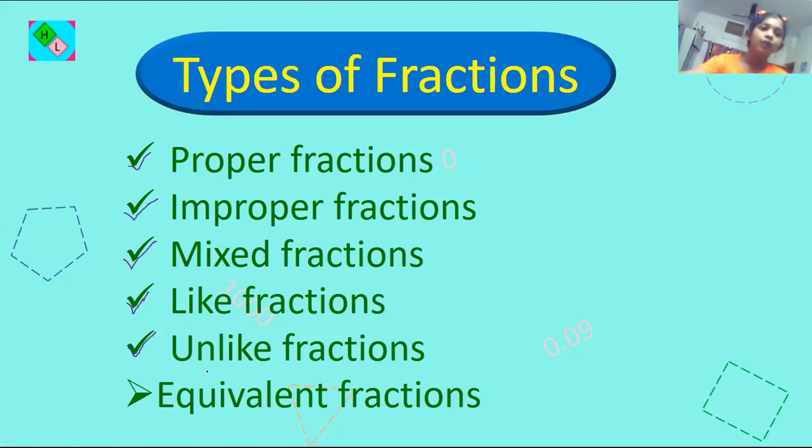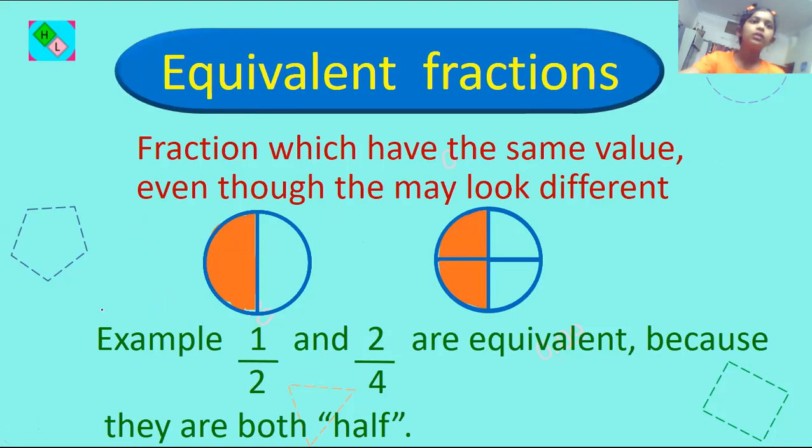Now let us move on to equivalent fractions. In equivalent fractions, the fractions have the same value even though they may look different. Let us take the example of cake.